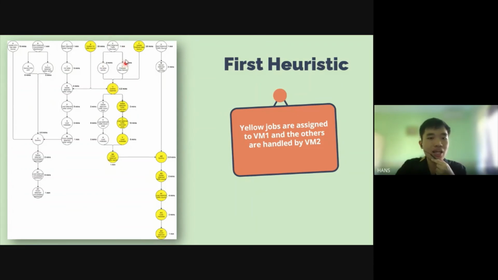And not only that, but we also take note that, let's say in this condition, jobs Q, T, and X, although they need to be finished before job AA finishes, we also need to measure the release time, because this set cannot be started before job O in the first machine is executed or finished.